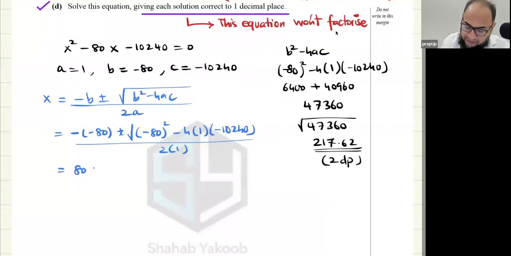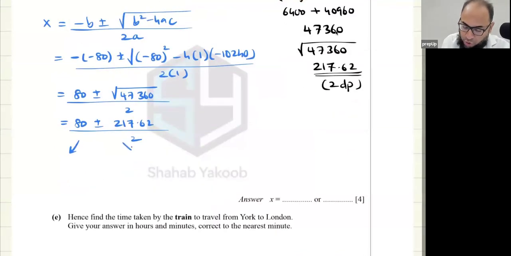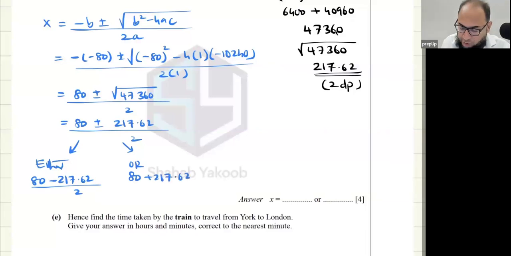This is 80 plus minus square root of 47360, divided by 2. This is 80 plus minus 217.62, the whole thing divided by 2. So now there are two options: 80 minus 217.62 divided by 2, or 80 plus 217.62 divided by 2.